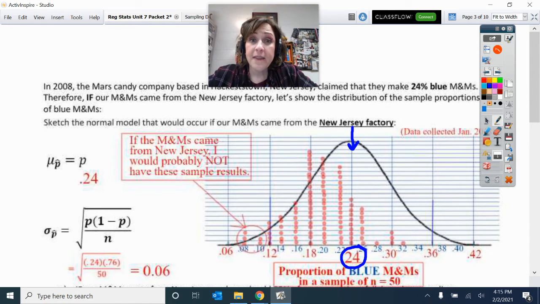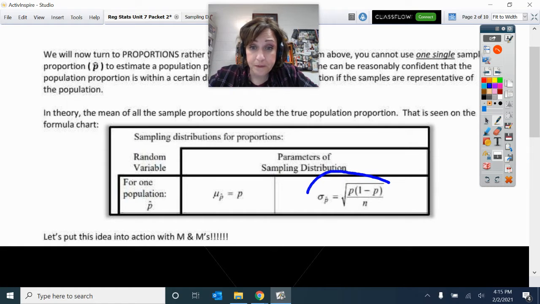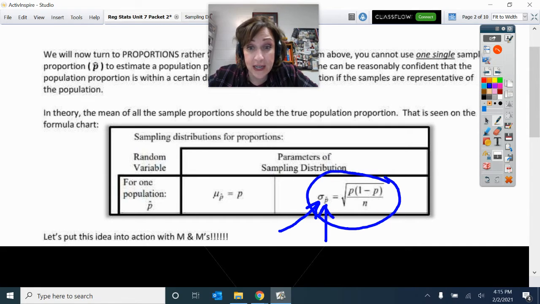Now, there's also a formula for how we can compute how varied our samples would be, and that is this. So the standard deviation of the P hats tells me how varied all of our samples should be. And that is based off of what the M&M's company said, the P, the 0.24.